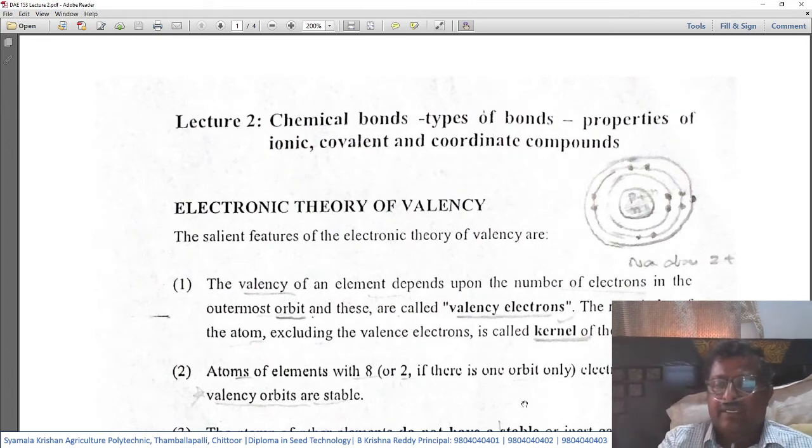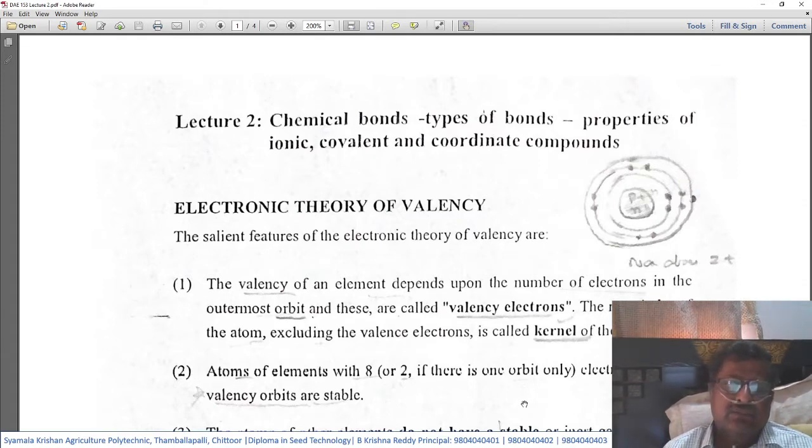This indicates that in the sodium atom, there are 3 orbits. These are also called energy levels. In the lowermost orbit, there are 2 electrons. In the second orbit, there are 8 electrons. In the outermost orbit, there is 1 electron.